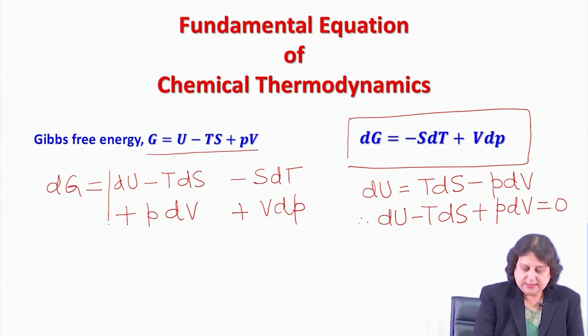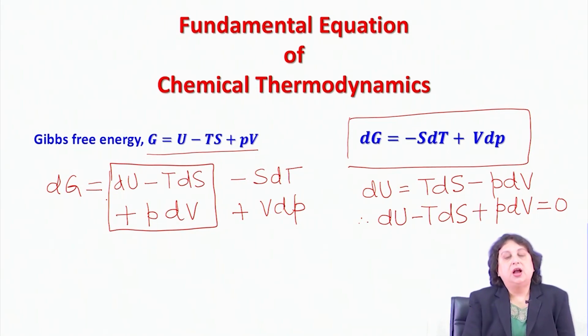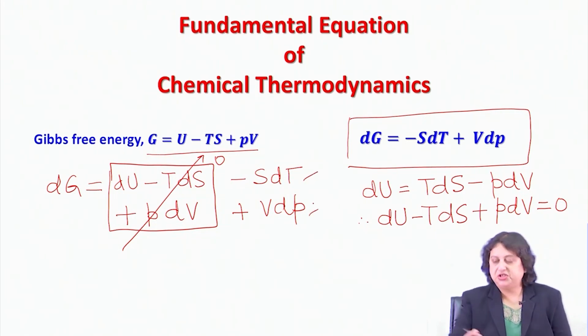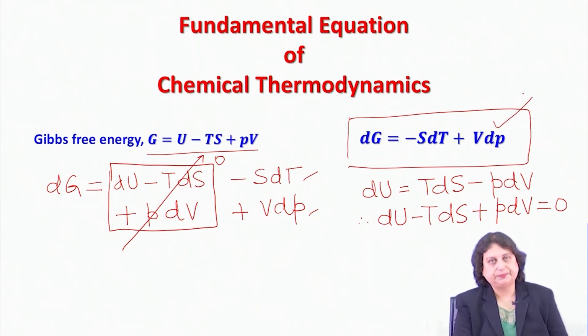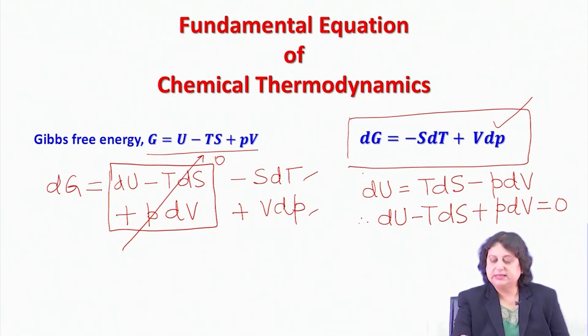This is the combination of terms that, according to the first and the second law of thermodynamics, must go to 0. Therefore, what I am left with are these two terms which I have shown here. Whatever we discuss in chemical thermodynamics generally uses this equation as the starting point.